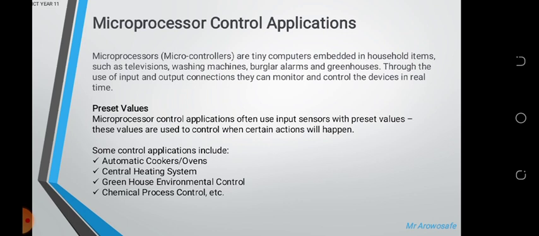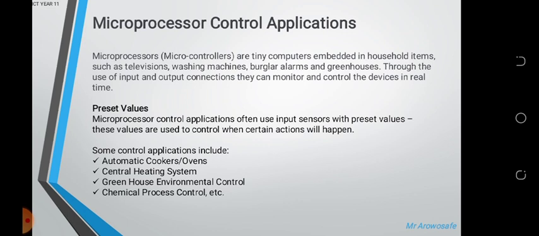We are talking about the value set which the microprocessor will work with. So microprocessor control applications often use input sensors with preset values. These values are used to control when certain actions will happen.